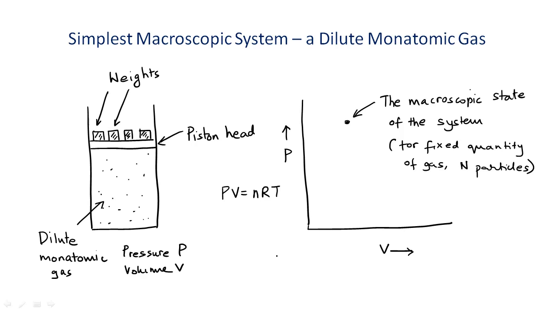This is called the internal energy of the system and is denoted by U. For our system, U is just the kinetic energy of all the atoms of the gas since there is no other interaction energy.